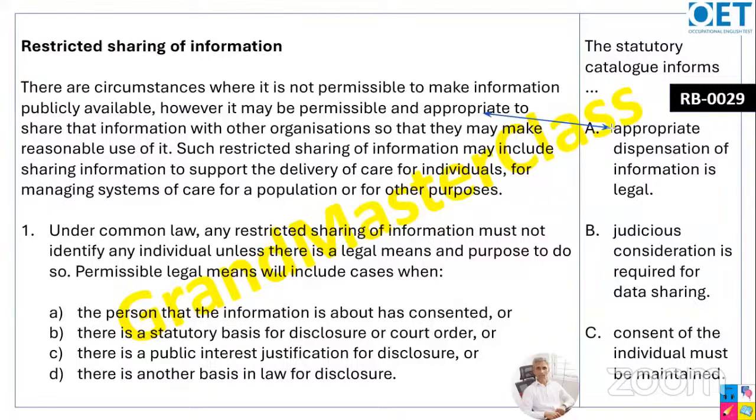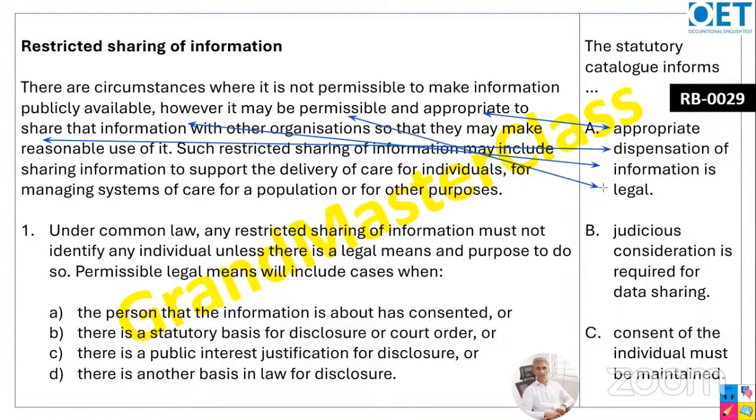Okay. So appropriate sharing of the information means dispensation. Share means dispensation of information. Okay. Right. Permissible. There are circumstances where it is not permissible to make information publicly available. However, it may be permissible.